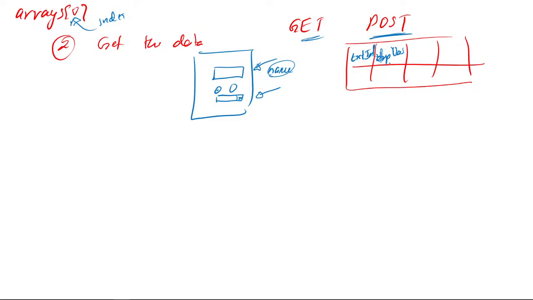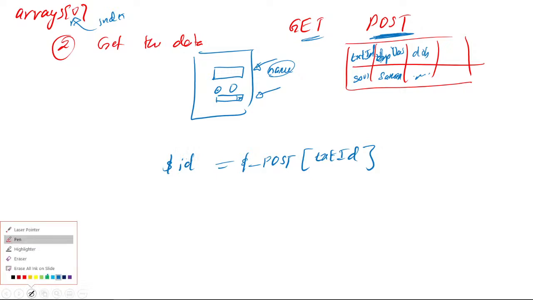So maybe the text ID is S001, name, date of birth and year. You have several values. How are we going to get whatever we have posted using the post method? In the post array, whatever is available in the text ID index can be taken into a PHP variable.